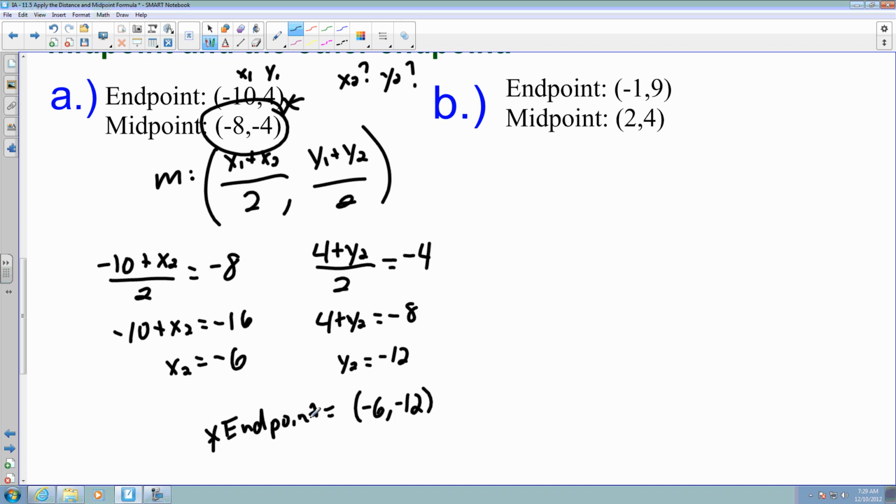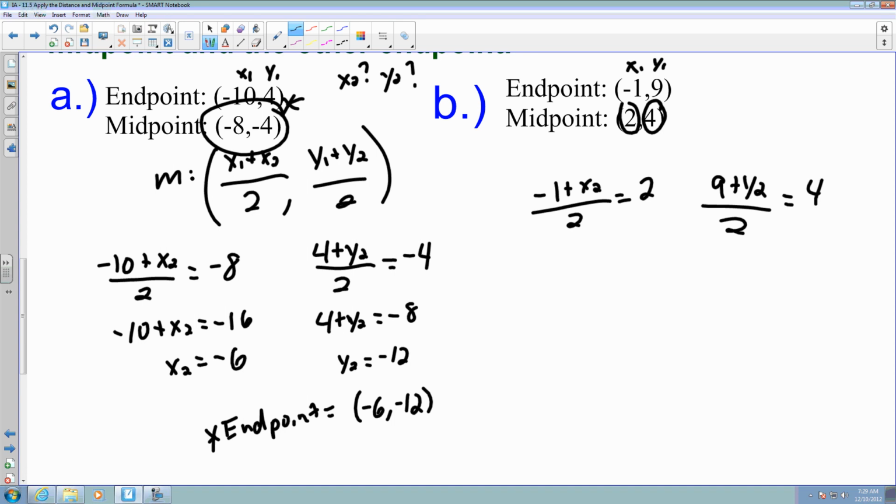Let's try this again. So here's my x1 and here's my y1, and this is my midpoint for my x value here, and my midpoint for my y value is here. If I were to go negative 1 plus x2 divided by 2, it would equal 2. And if I were to go 9 plus y2 divided by 2, it would equal 4.